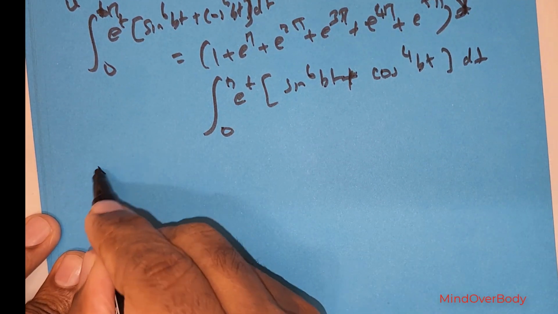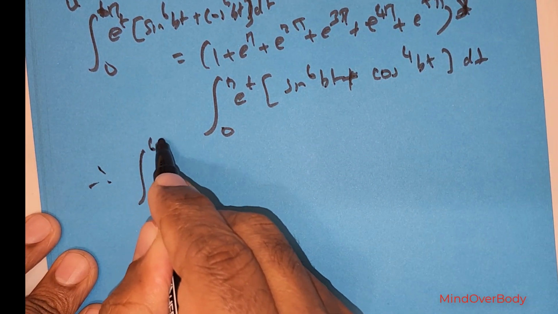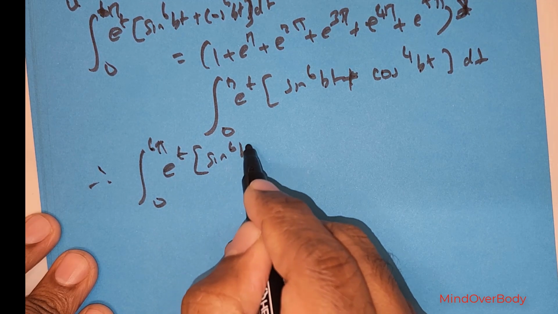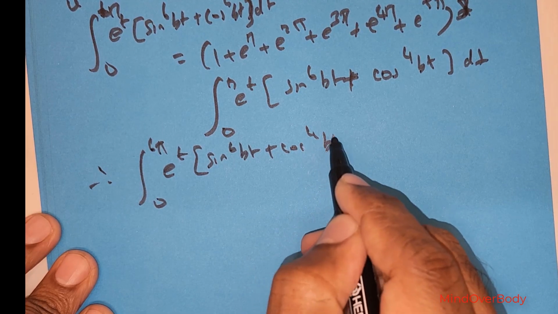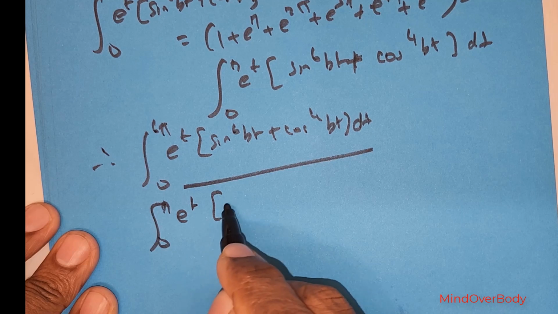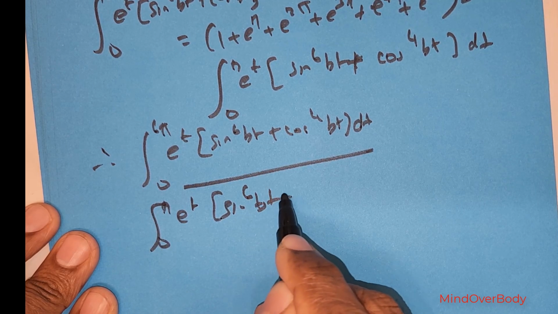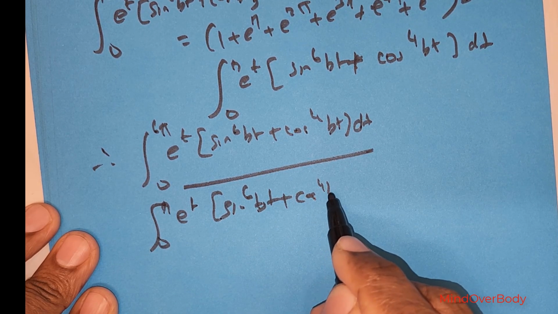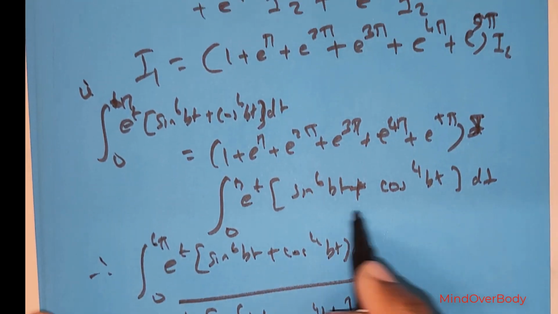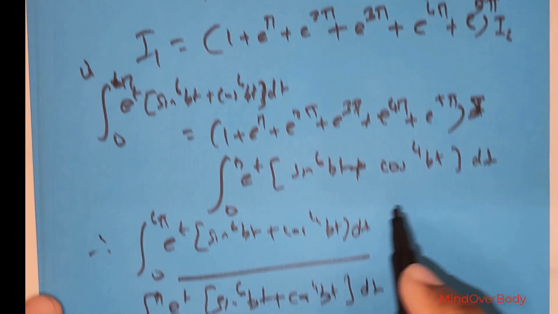So therefore the original problem is the integral 0 to 6 pi e raised to the power of t sine raised to the power of 6 bt positive cos raised to the power of 4 bt times dt, divided by the integral 0 to pi e raised to the power of t sine raised to the power of 6 bt positive cos raised to the power of 4 bt times dt, which is now equal to, in place of this I substitute this.